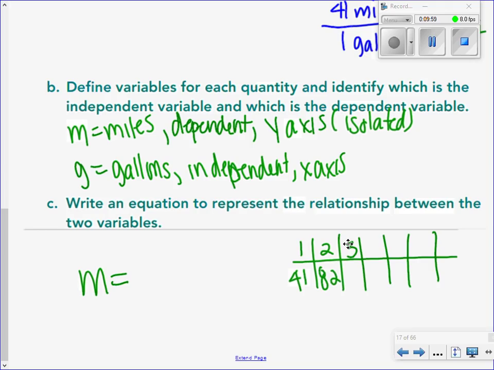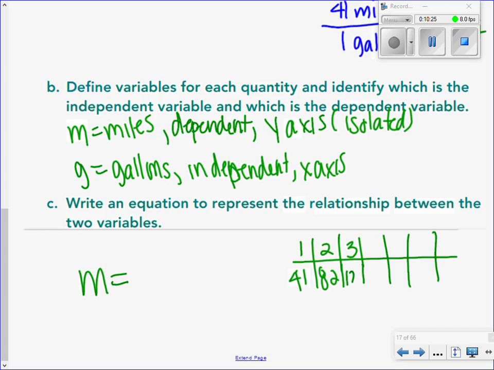Too early for me to do that in my brain. 246. What am I doing? Oh, dear me, that's not right. 3 times 41, this is 123, kids.